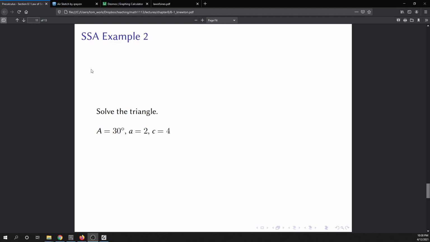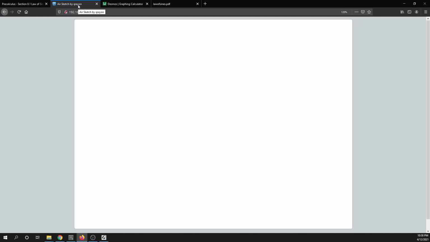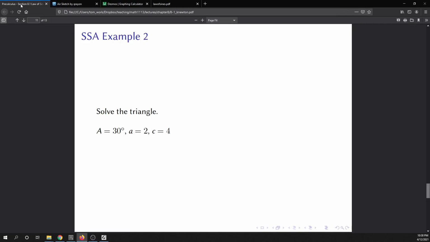I already told you it's side-side-angle, but just in case you weren't sure what case it was, you would sketch out the triangle with angles A, B, and C, and sides A, B, and C, making sure that side A is opposite angle A, side B is opposite angle B, and side C is opposite angle C. Then label the triangle with what you know.